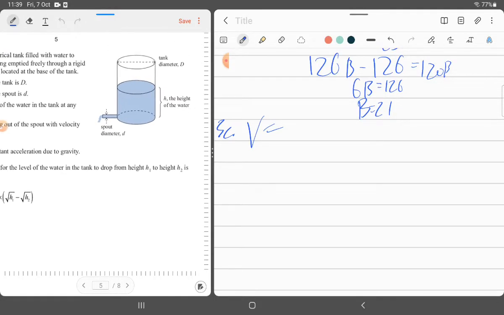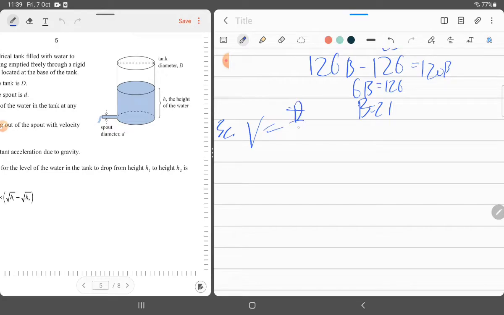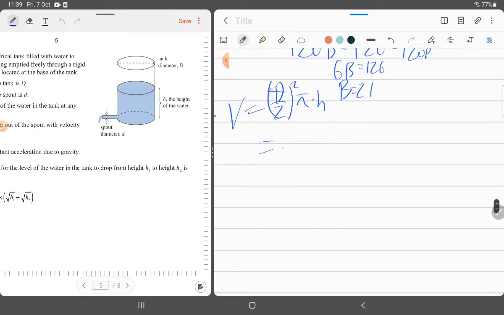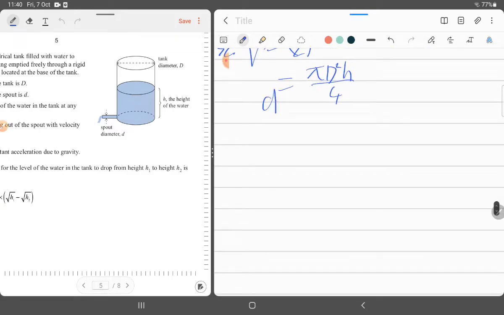The height of the water, volume is equal to... no, the diameter is D, so the radius is D over 2. Pi times D over 2 squared times H, which is equal to pi D squared H over 4. And if we differentiate this in relation to H, it'll give pi D squared over 4.